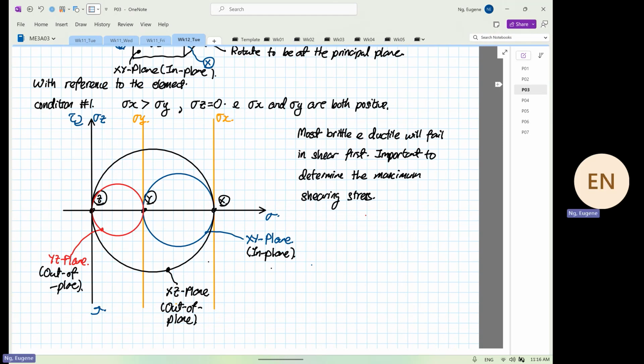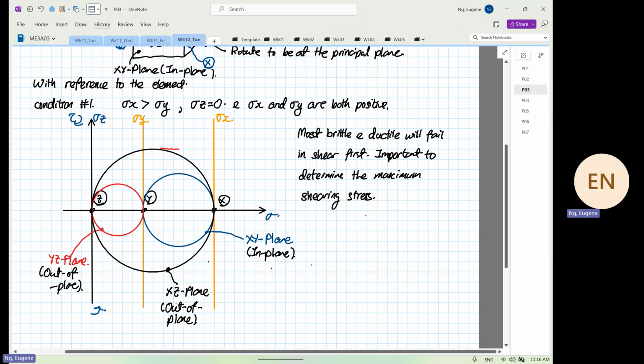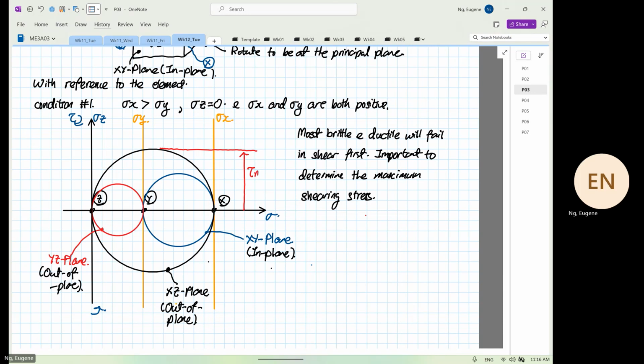For this case, what we have now over here is our tau max, which is equal to our shear XZ plane max.